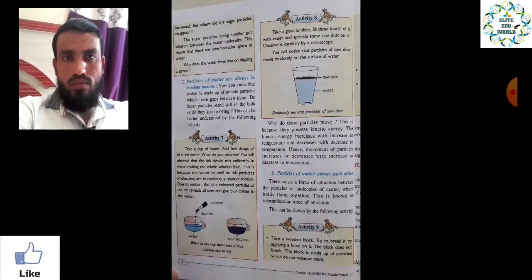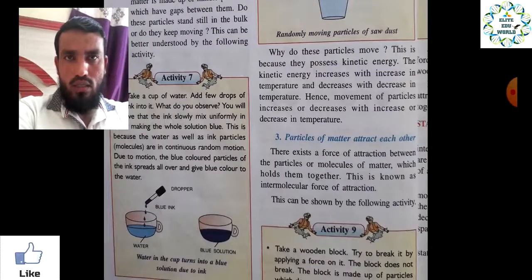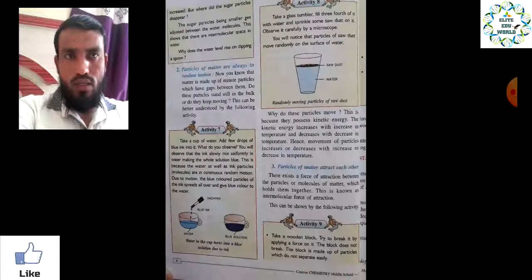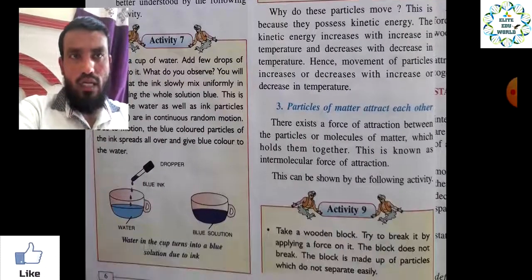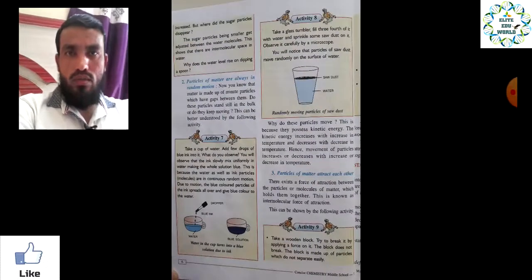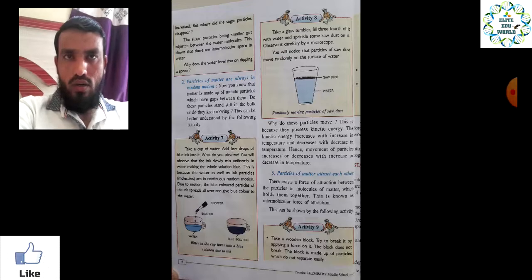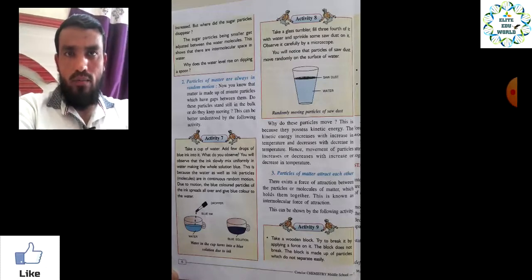We have already discussed how the arrangements are, and whether there is continuous motion. Then in our next lecture we will start with the activity that will show how different matters have different forces of attraction between their molecules.